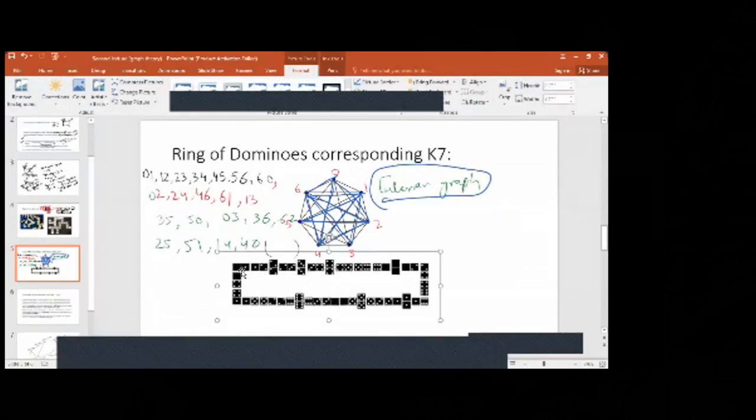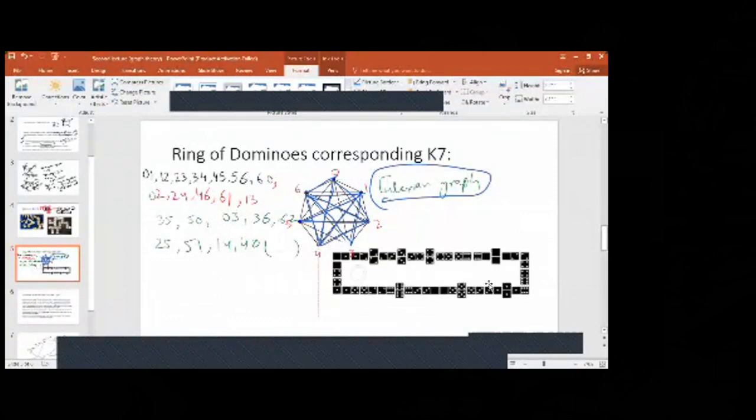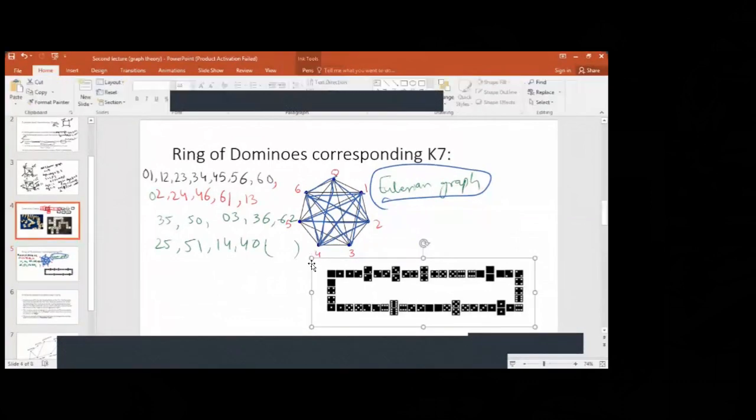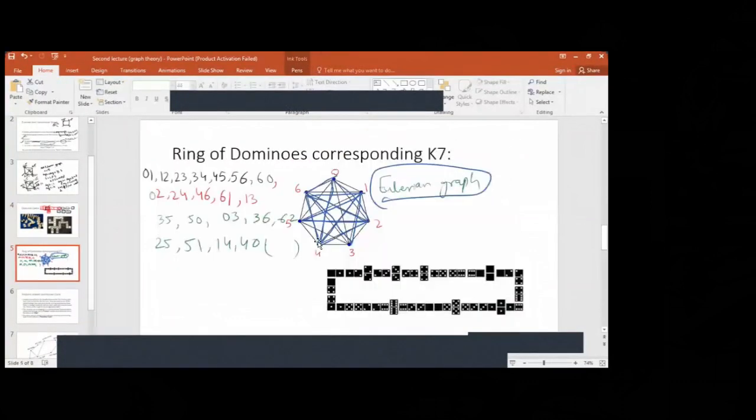So I place all tiles like this. So this is an application of Eulerian graph which we use in the dominoes game to place all tiles like this.